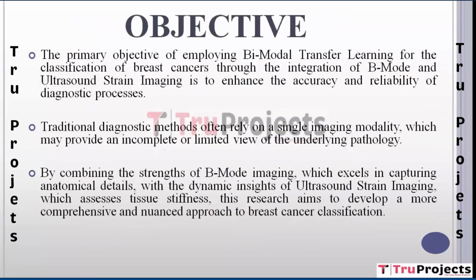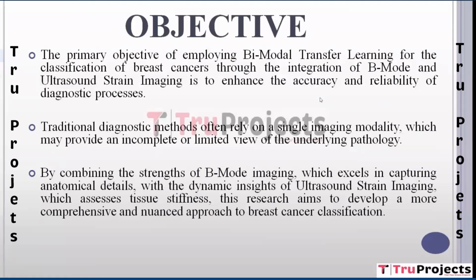So now coming to the objective part for this project. The main goal of utilizing bimodal transfer learning in the classification of breast cancer by integrating B-mode and ultrasound strain imaging is to improve the precision and dependability of diagnostic procedures. Conventional diagnostic approaches frequently hinge on a solitary imaging modality, potentially offering an inadequate or restricted understanding of the inherent pathology.